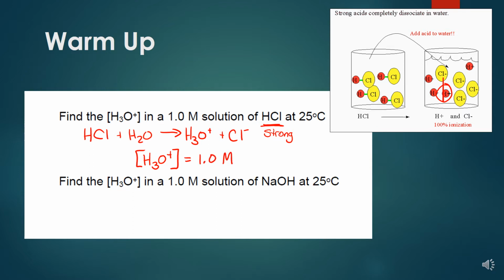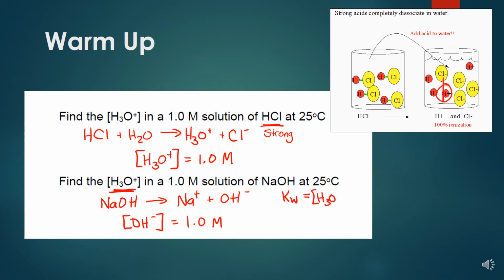Now the next one is to find the concentration of hydronium again in a 1 molar solution of sodium hydroxide. Sodium hydroxide is also a strong base, so it's going to ionize 100% as well. When we take that sodium hydroxide, it's going to dissociate completely, and we're going to get a sodium ion and a hydroxide ion. With a 1-to-1 ratio, that means that the concentration of hydroxide is 1.0 moles per liter. However, that's not what the question's asking. We're going to have to go back to the last lesson where we were looking at the ionization constant of water.